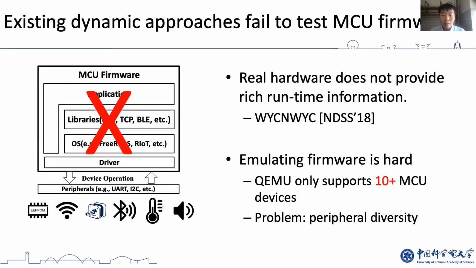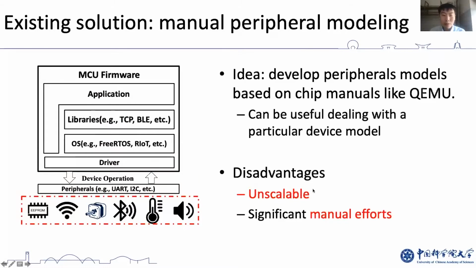On the other hand, emulating entire firmware is also extremely challenging due to the diversity of the peripherals. So, to solve these problems, many solutions have been proposed. At first, researchers tried to emulate individual peripheral hardware with soft components. However, as we mentioned before, it is impossible to emulate all kinds of peripherals.